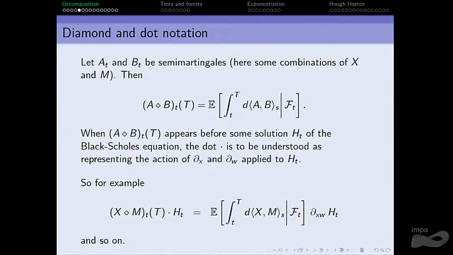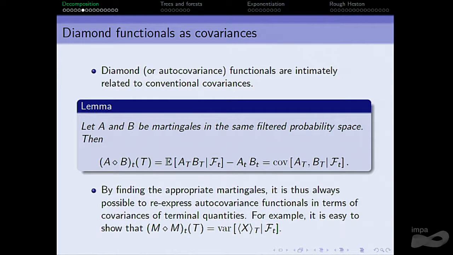And when A diamond B appears before some solution H of the Black-Scholes equation, the dot is to be understood as representing the action of these differential operators. Now, there's a close connection between those diamond autocovariance functionals and simple moments. If A and B are martingales, then A diamond B is simply the covariance of A and B. So you're probably at this point getting skeptical.